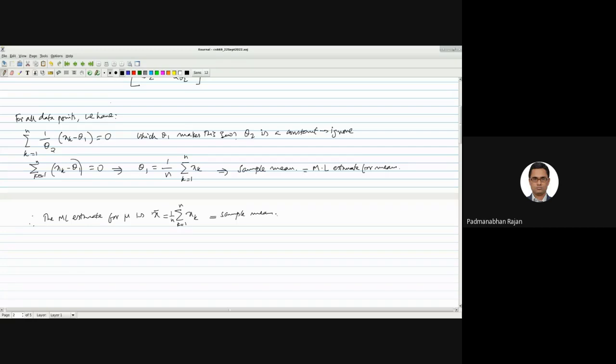So the maximum likelihood estimate for mu, the actual mean, is the sample mean.